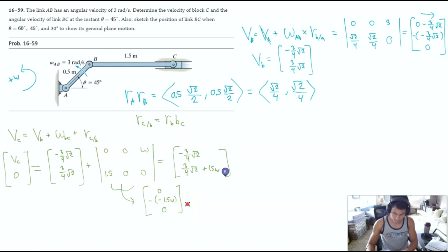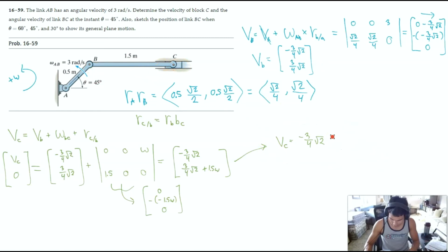Okay, so now you can use these relationships, and you see that VC has to equal this, and then you could solve for omega. It actually works out really nice. So VC is equal to negative 3 over 4 square root 2. And that makes sense because it's saying that it's going down in this direction, right? So this is your answer.